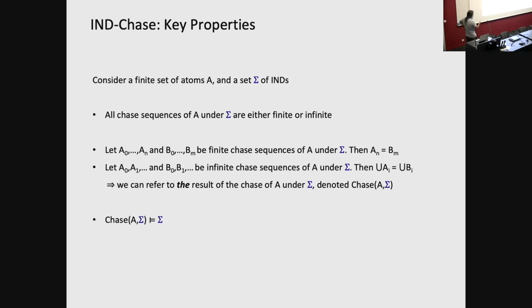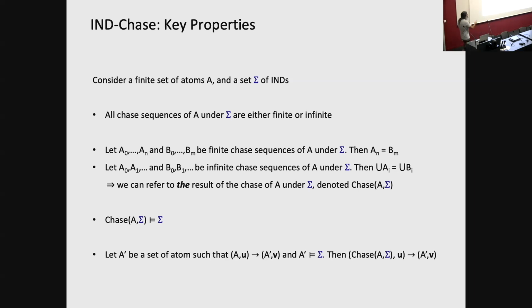Of course, this set of atoms satisfies sigma by construction. This may be an infinite set, but if we take the limit, it is a well-defined set of atoms which satisfies sigma. And finally, we have the key property, similar to the one that we have seen for functional dependencies. Consider a set of atoms A prime such that A can be mapped via homomorphism to A prime, and some tuple u maps to b.